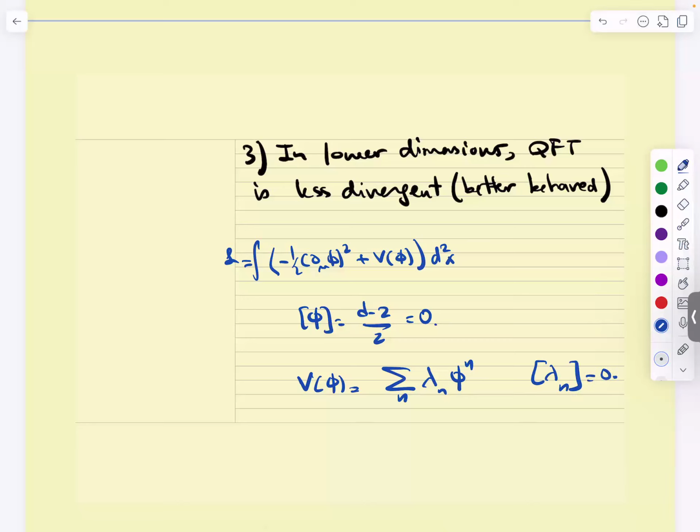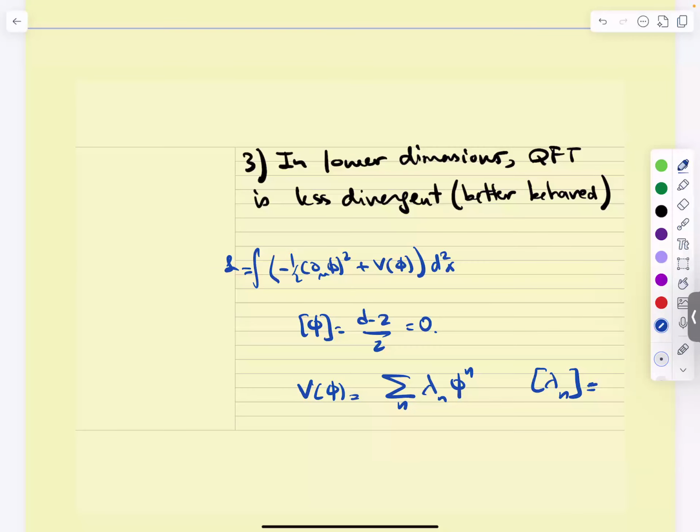Oh, no, sorry, that's wrong. It will be actually better than that. The dimensionality of this has to be 2. Yeah, it's 2. So the theory is super-renormalizable, always, for all interactions.